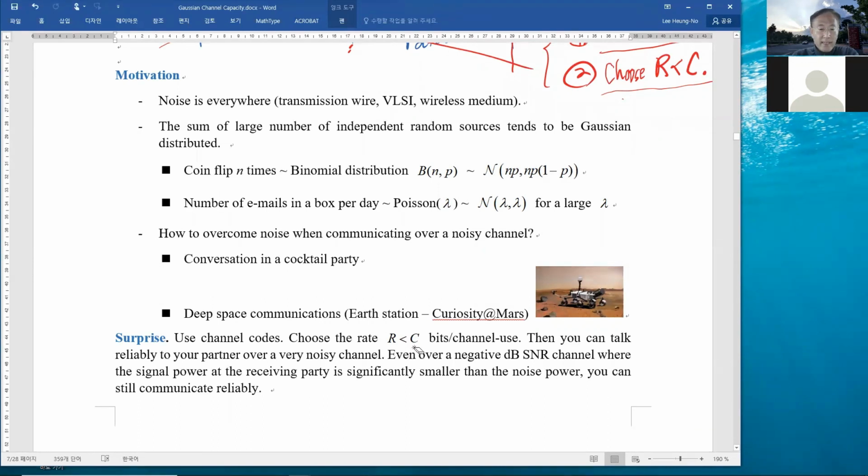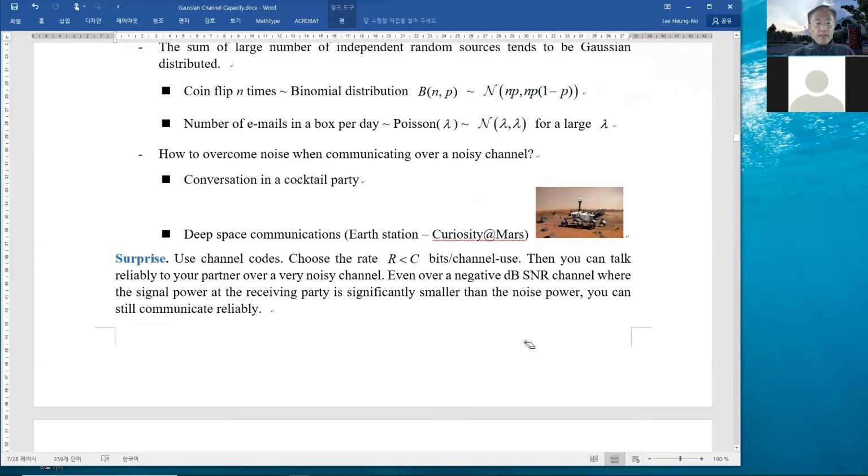The capacity is going to be very small, and you need to choose the transmission rate even smaller than the capacity, and you can find a channel code to convey your message, or your image taken at Curiosity, sent back to the Earth station with almost zero error. So that's the motivation.